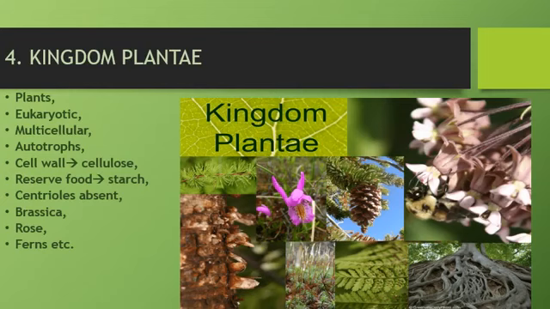They store their food in the form of starch, a complex sugar. Centrioles are absent in plant cells. Centrioles are organelles which help in cell division. Brassica, rose plant, and ferns are all members of this kingdom.